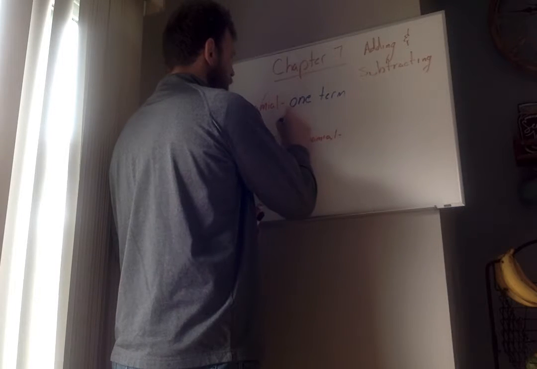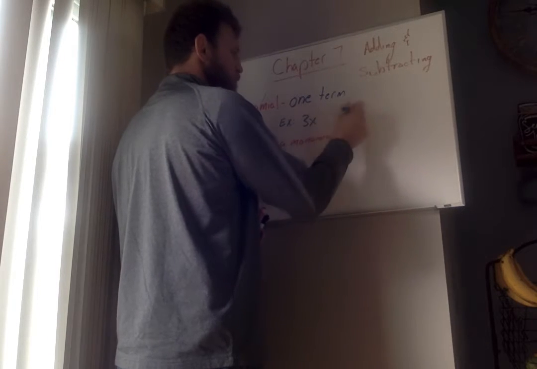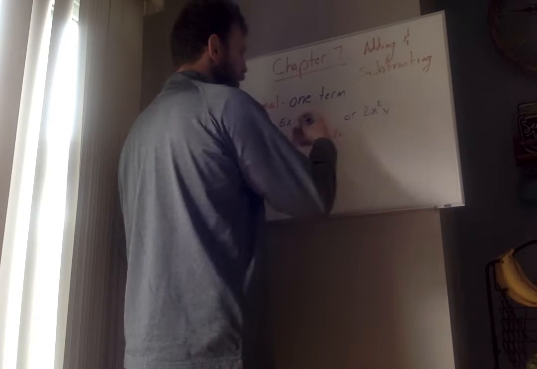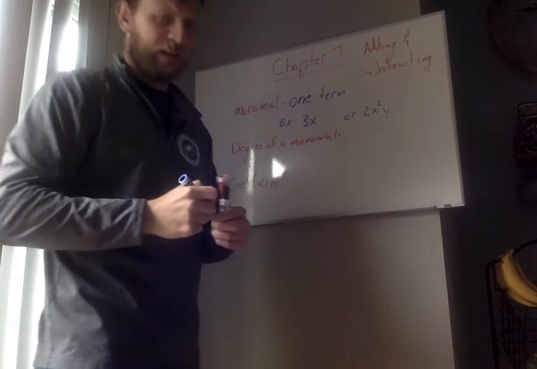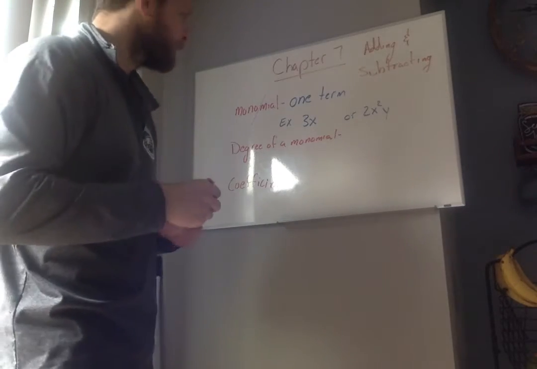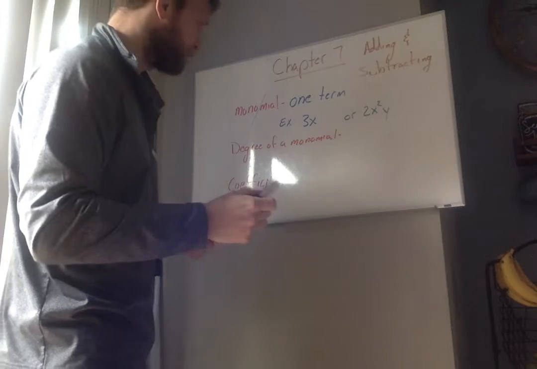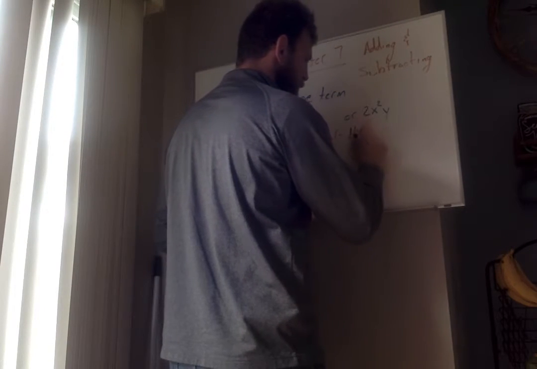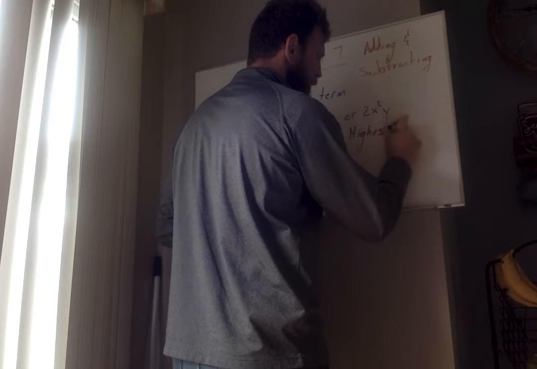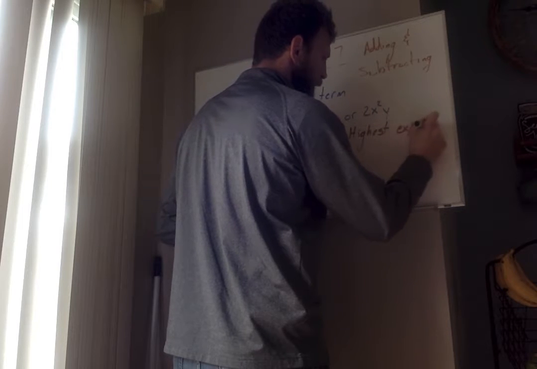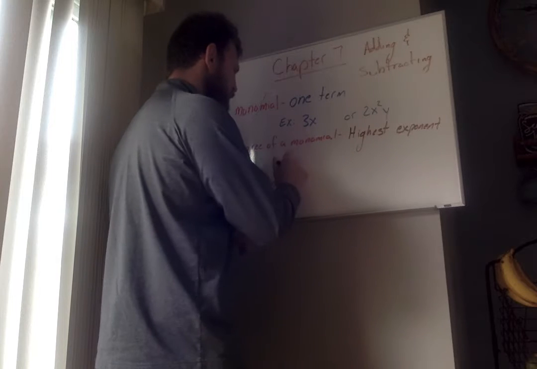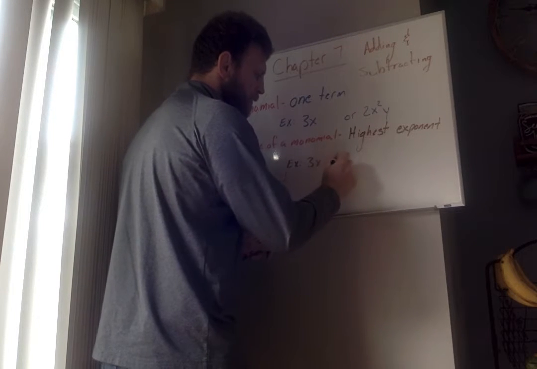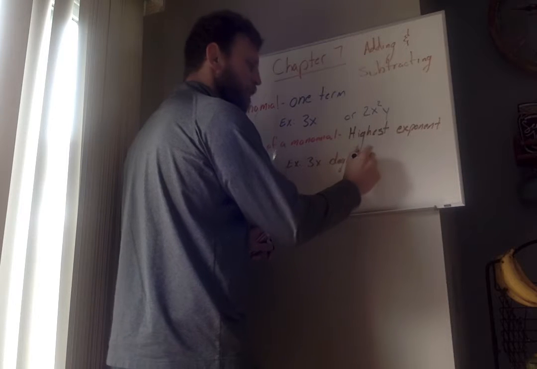An example of that would be like 3x or 2x squared y. Notice there's no adding or subtracting. It's just one thing. Now the degree of a monomial is the highest exponent. So for the example of 3x, the degree would be 1.